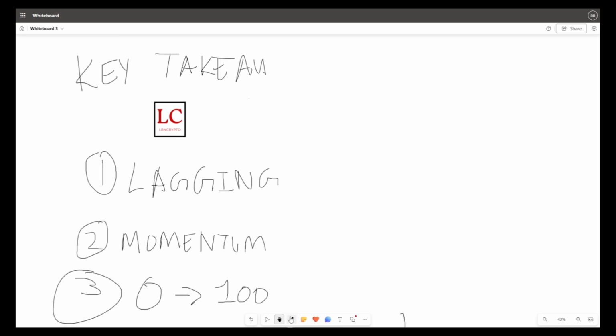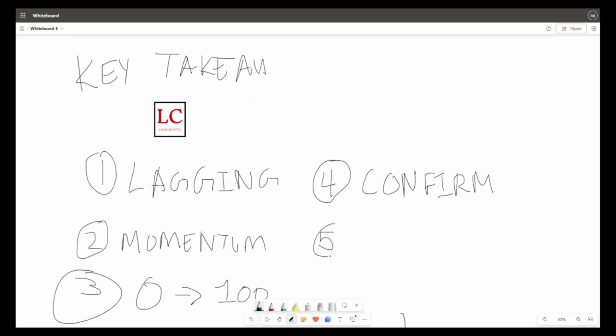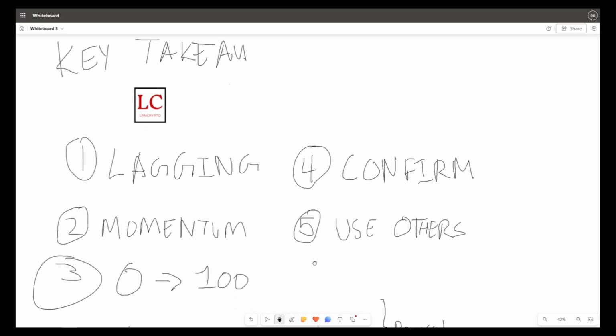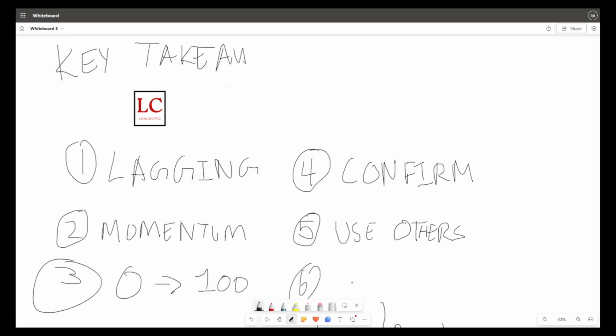Number four, use it as confirmation. It is a confirmer. Number five, use it with others. So don't use it alone. And finally, look for divergences and for waves.